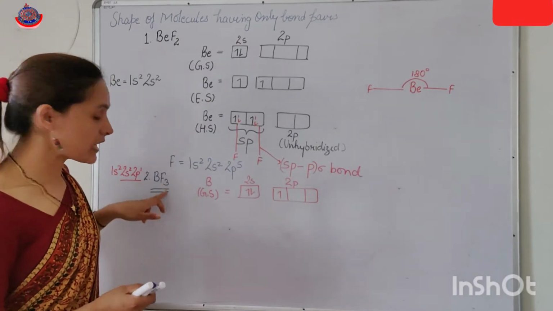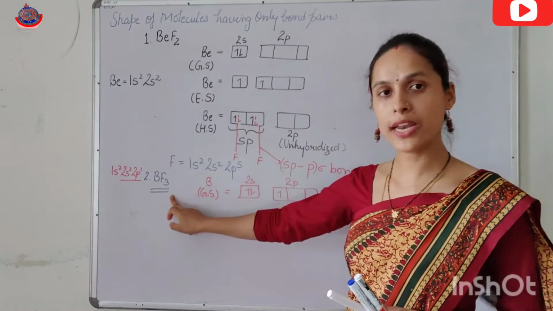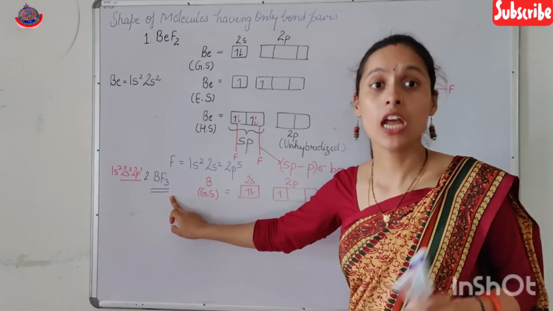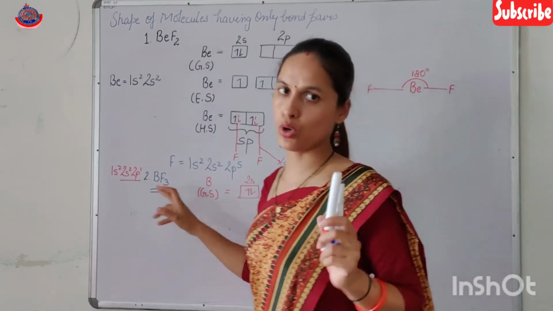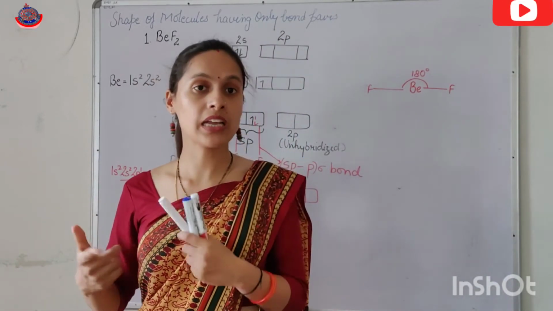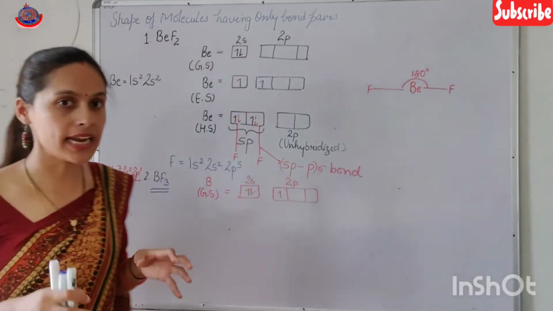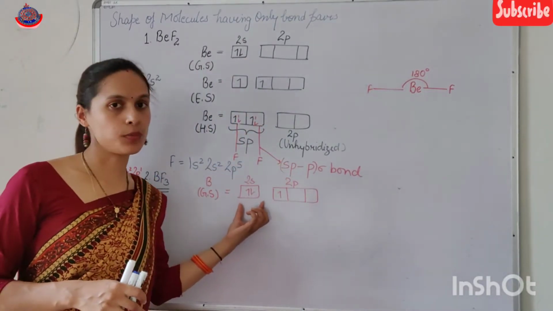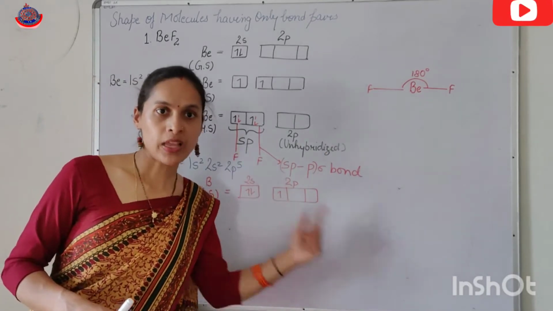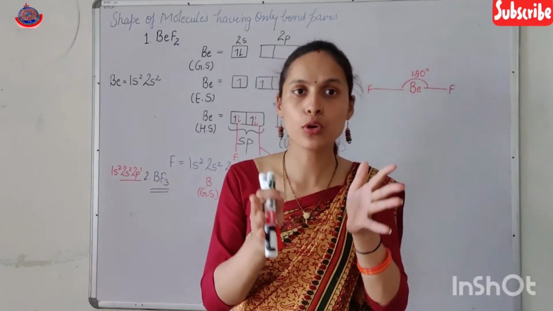Now three fluorines are approaching boron. It means boron should have three half-filled orbitals. And those three half-filled orbitals we will get when one of the electrons from s will jump to p. And that jump will occur when the fluorine comes close to boron.